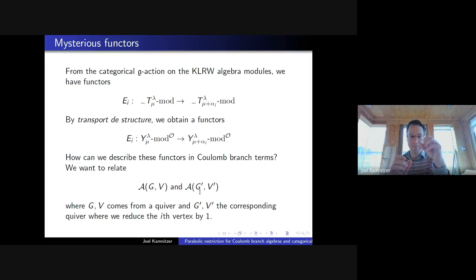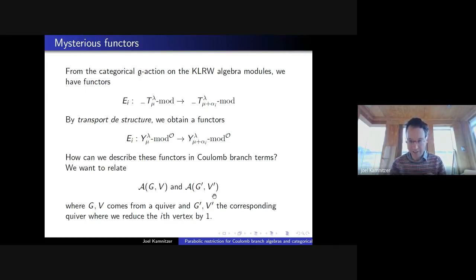So I've reduced what's happening at the ith vertex by 1. So my group G' has shrunk a little bit. It went from GL(V_i) to GL(V_i minus 1) in that spot. The other GLs stayed the same. And my V has also changed a bit. Just because that guy's gotten smaller, this V' has gotten smaller. Okay, so I have to relate some A(G, V) to some other A(G', V').